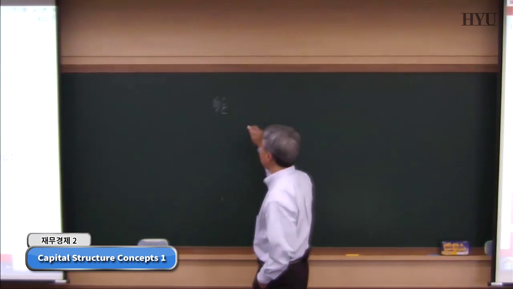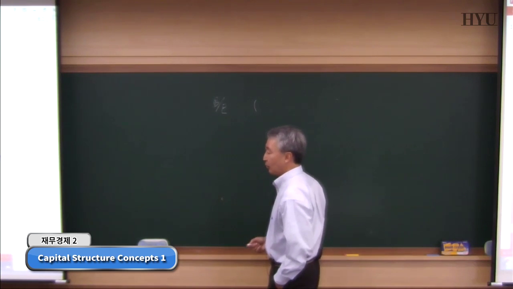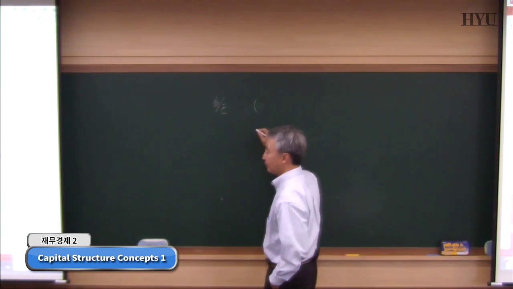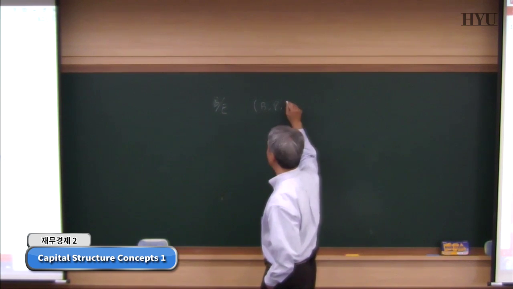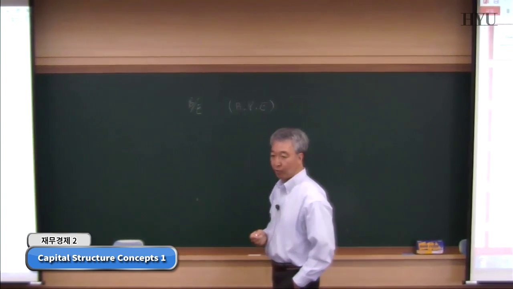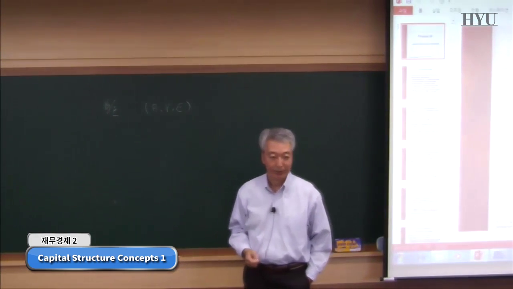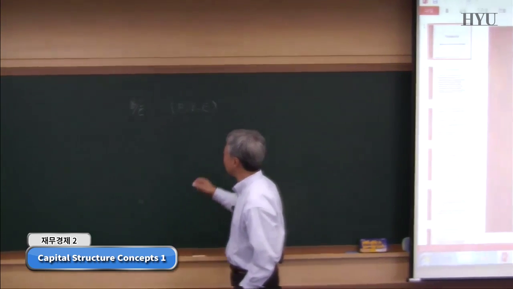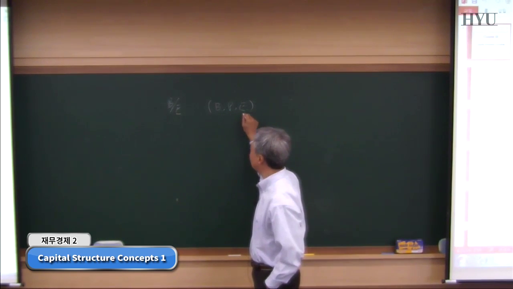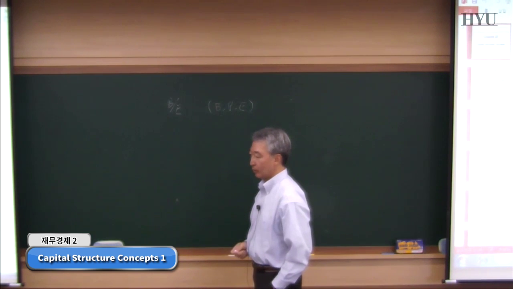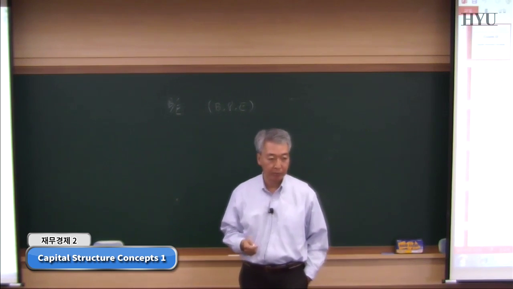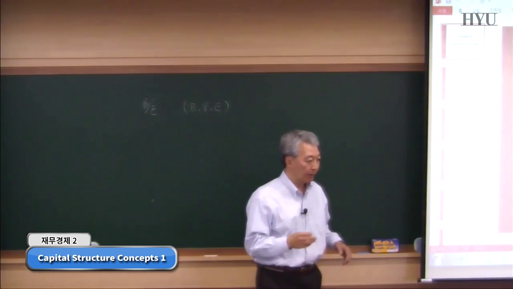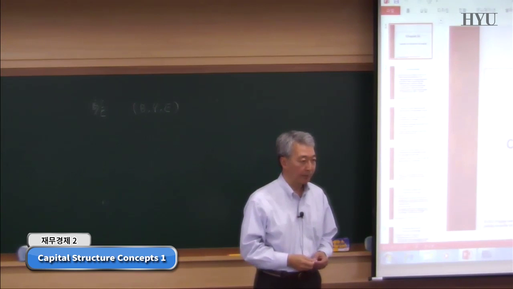But we also learned we used three components: debt, preferred stock, and equity, right? You remember? It's a little bit too long, okay? But okay. So yeah, this is what we are talking about: the capital structure, the proportion of debt, the proportion of preferred stock, and the proportion of equity in the total asset or total capital of the company.